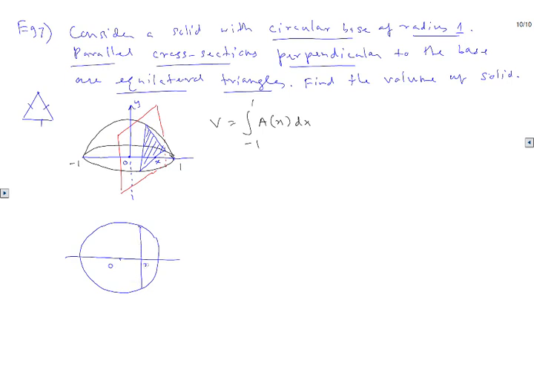That's the x. So what you need is to find this distance. How much is that distance?